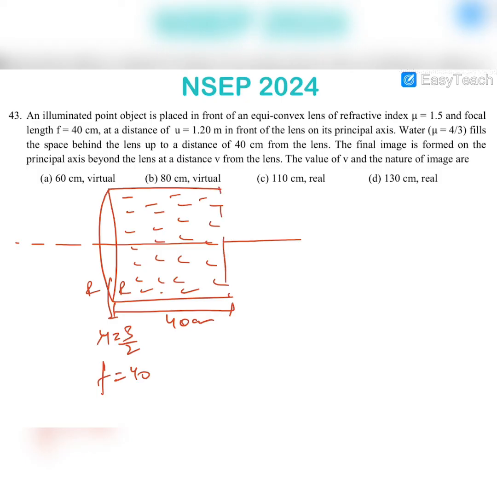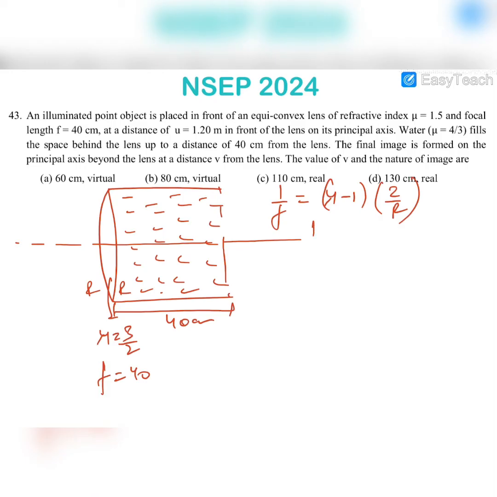First of all, we know that the final image will be formed after 3 refractions. First refraction would be from this surface, second refraction would be from this surface, and the third one will be from this surface. So we know that 1 by f is equal to mu minus 1 into 1 by r1 minus 1 by r2, which will be 2 by r, because r2 is negative.